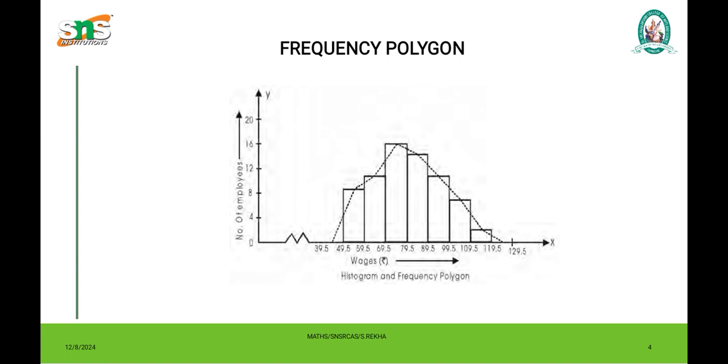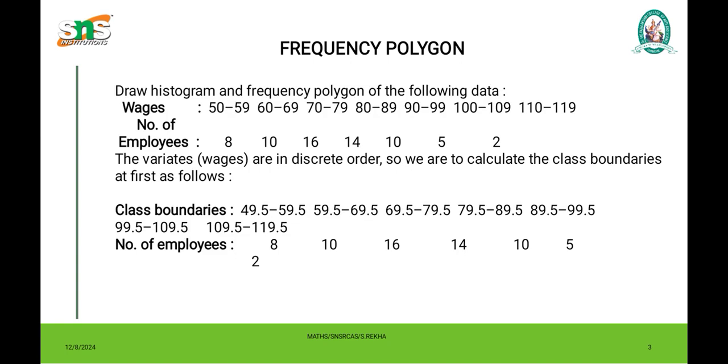You have to set up the x-axis. Normally a histogram is applied for continuous data, and if you notice the scale, the frequencies are 8, 10, 16.